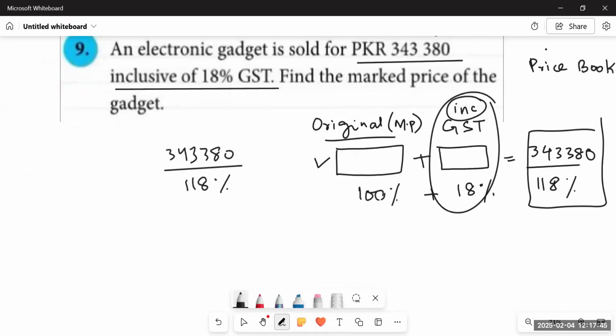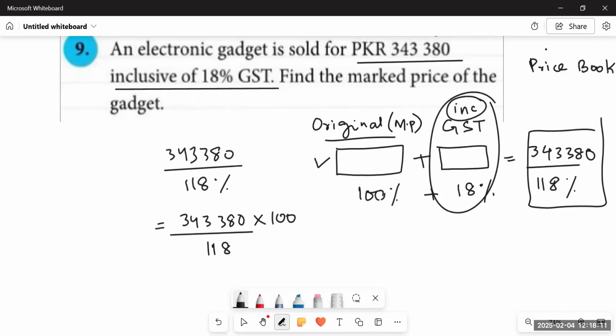So if we divide 343,380 by 118%, what we have to do? We just have to remove the percentage sign from the denominator. I keep repeating, if there is a percentage sign in the denominator, we'll remove it from the denominator and put 100 in the numerator instead. And if there is a percentage sign in the numerator, we'll remove that percentage sign and write down 100 in the denominator. That's the difference, right?